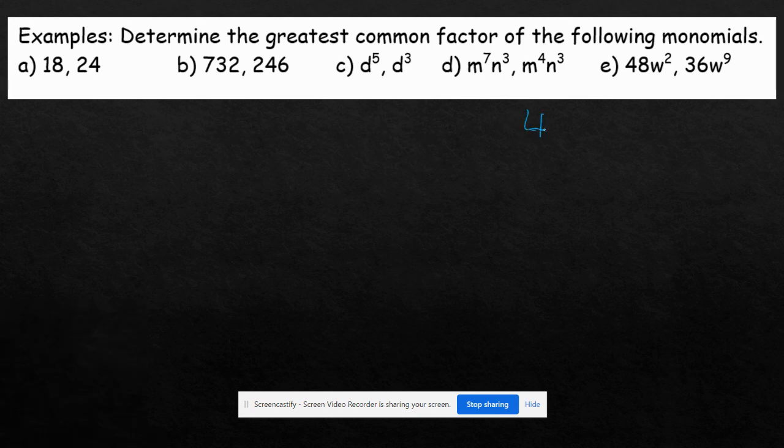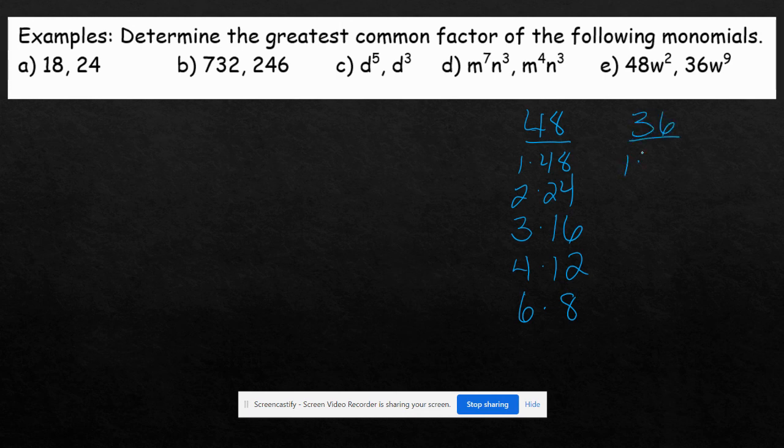Well, if I start with the numbers, I'll start with 48. 1 and 48, 2 and 24, 3 and 16, 4 and 12, 6 and 8. 36, we have 1 and 36, 2 and 18, 3 and 12, and 4 and 9.